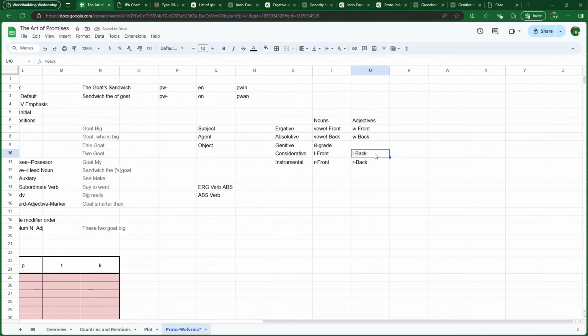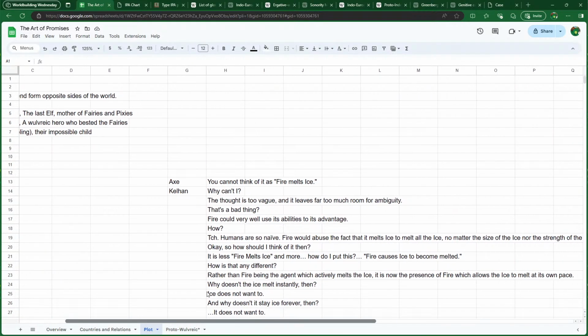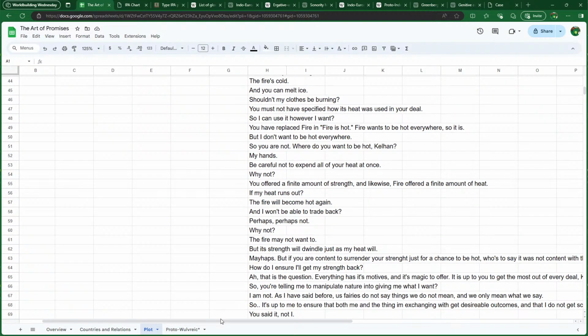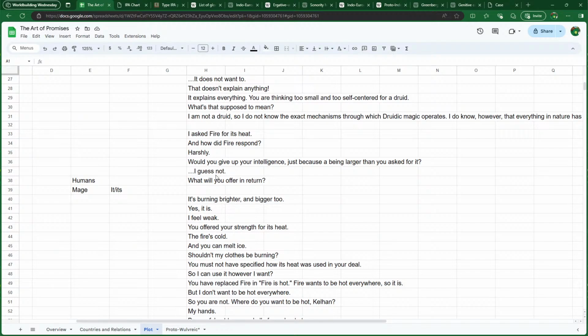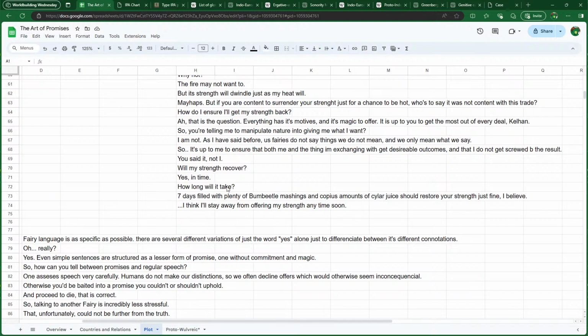But does that really need to agree? Like, does that need an adjective form? What does that mean? Oh, wait. Duh. This means qualities. So, when the plot... Okay. So here, in Fire, Kellen and Fire exchanged strength for heat, right?